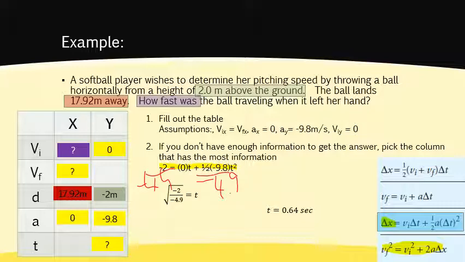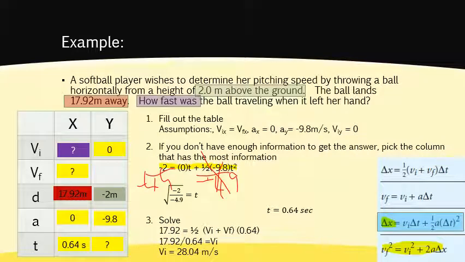And then we're left with t squared. And so we square root to get t by itself. So after doing all that math, we get t to be 0.64 seconds. And we put that in our table. That 0.64 seconds is the one that's shared for both the x and y columns.